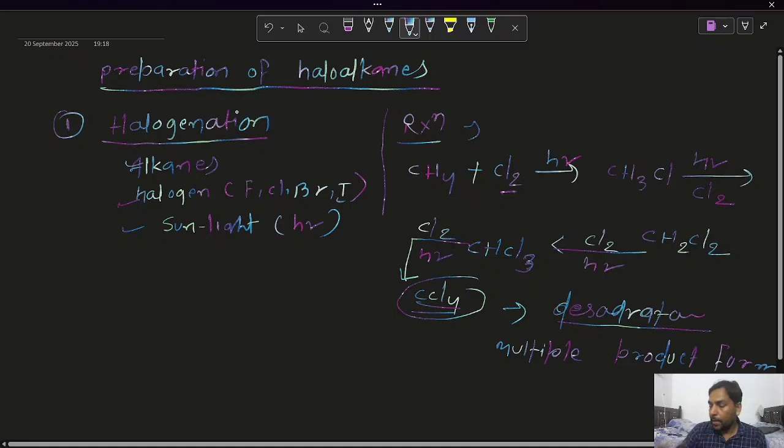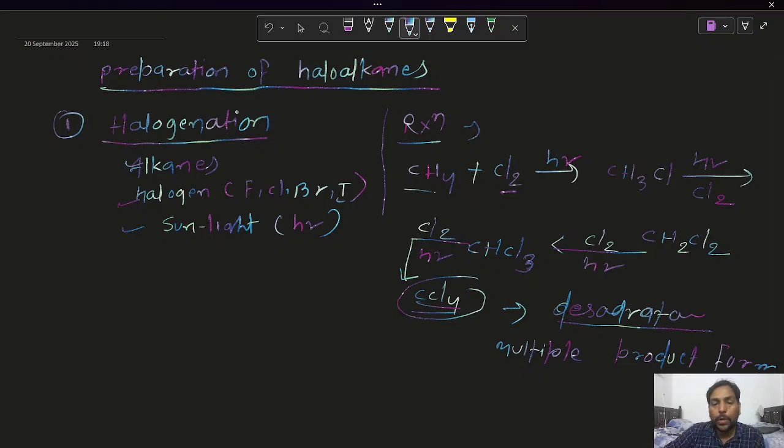Look, now we have taken a one-carbon compound, right? So what happens if we consider ethane and propane?